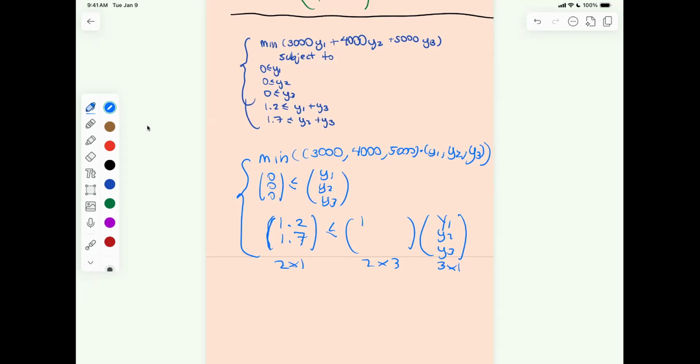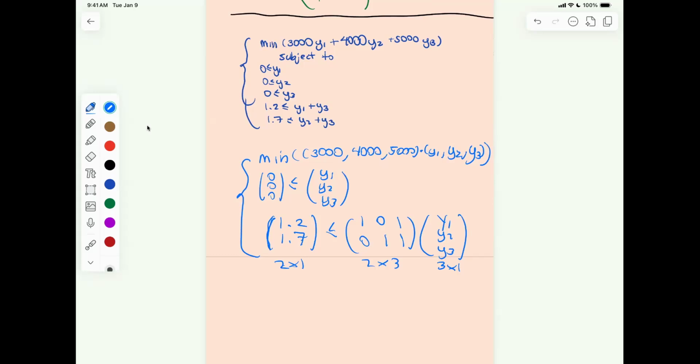So this is 1, 0, 1. And then 0 for y1, 1 for y2, and 1 for y3. So this is 0, 1, 1.